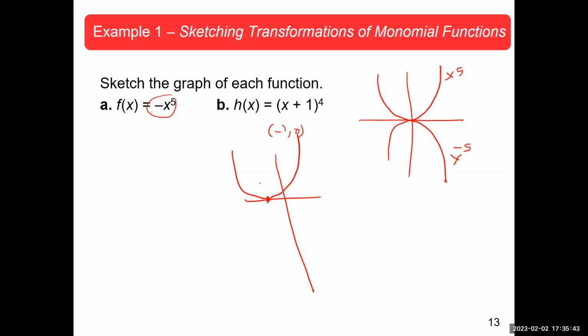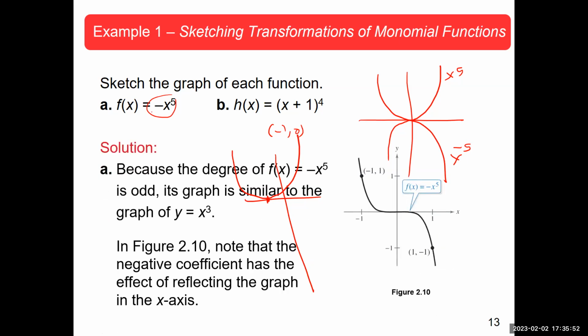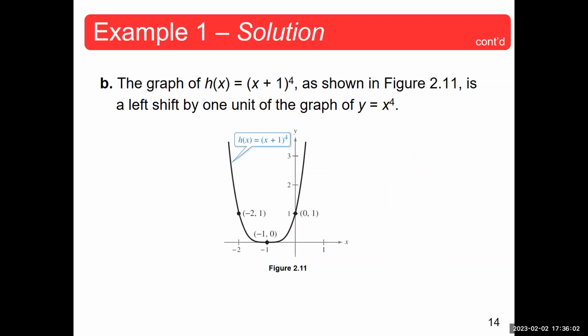Here we go, that's the shape it should look like. In the book they show us how x to the power 5 with a negative sign looks, and the other one, (x plus 1) to the power 4. The vertex is at (-1, 0).